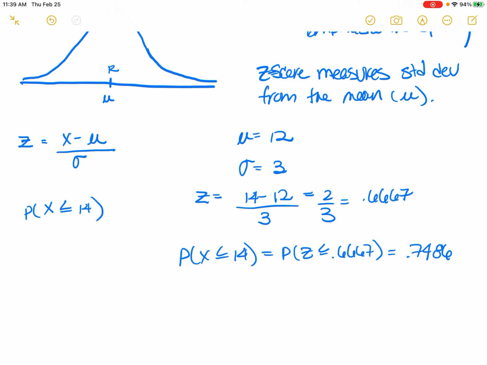I don't have a means of showing you how to look it up in the table. I apologize. But the book gives very, very good instructions on how you look up the z-score.